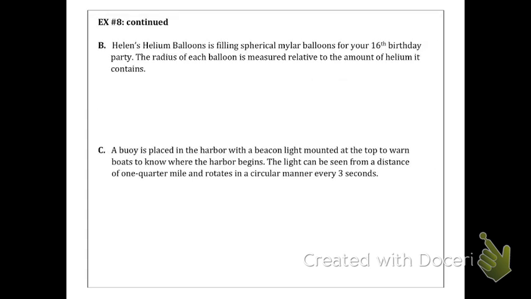All right, B. Helen's helium balloons is filling spherical Mylar balloons on your 16th birthday party. The radius of each balloon is measured relative to the amount of helium it contains. All right, so they're talking about the amount of helium they're putting inside. They're talking about volume. Okay, remember volume is measured in cubic units.